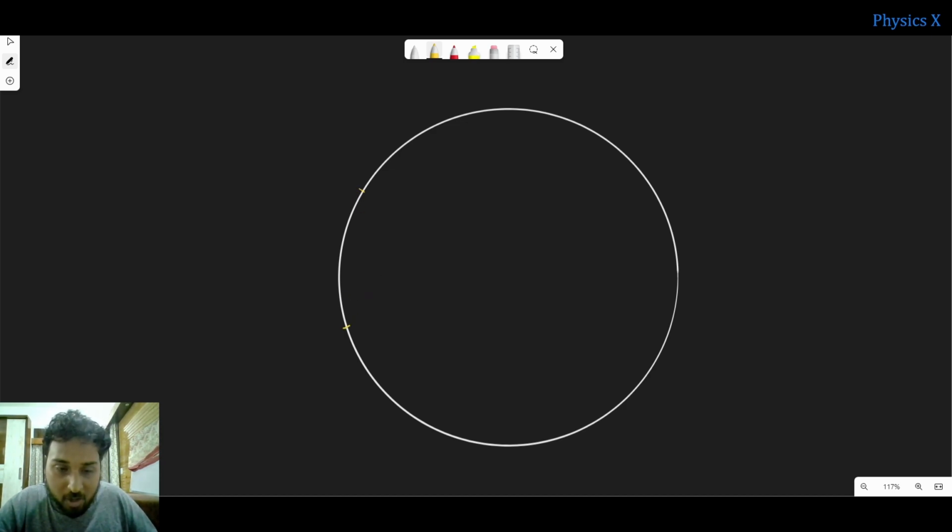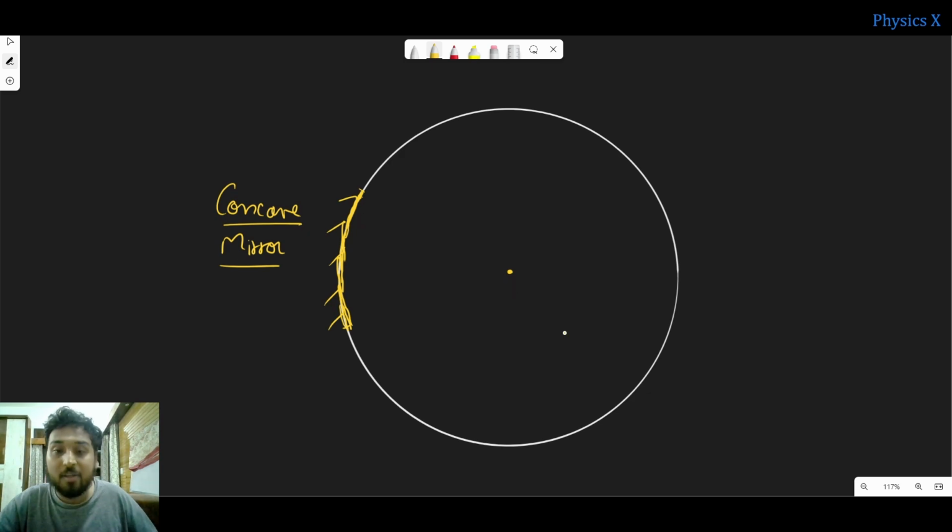For a particular sphere the reflecting surface can be either inside or outside, but for analysis let us say this is a mirror, a concave mirror, because the reflecting surface is inside. Let us see that the center of this sphere is this one. So this is the center of the sphere.